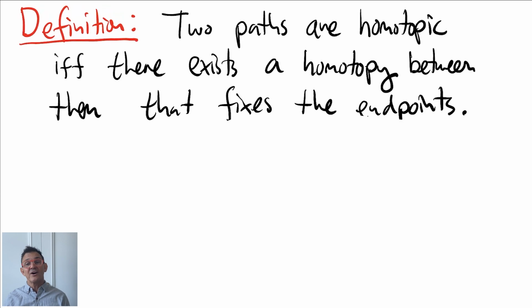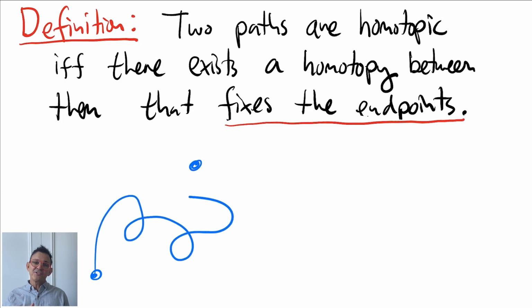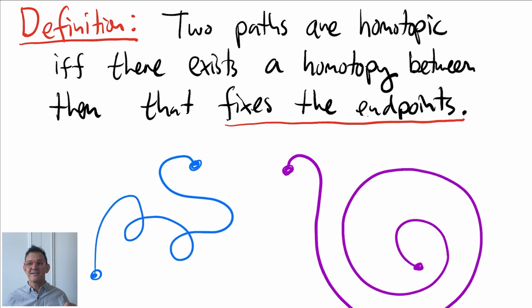You might wonder why homotopies between paths are required to fix the endpoints of the paths. You might remember that one of the important properties of the interval is that it has two special points, 0 and 1. And so the endpoints of the path are special too. What happens if we don't require homotopies to fix the endpoints? Well, then every two paths in the same path component would be homotopic, like these two paths pictured here.